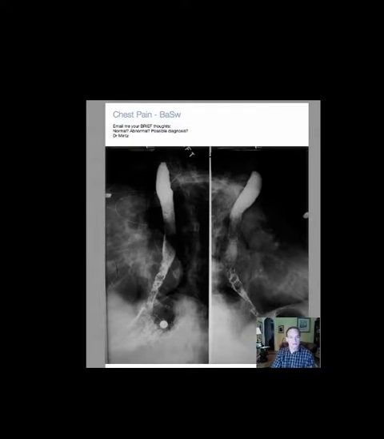Okay, here we have a barium swallow. Now this is a tough one because you just have two views and you're never sure how much of an abnormality that you're seeing that looks like this, where there's relatively poor filling, is just the phase of contraction of the esophagus versus a real abnormality.